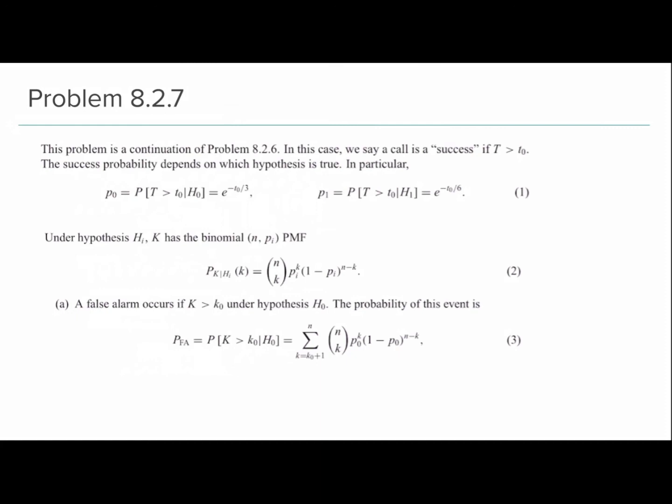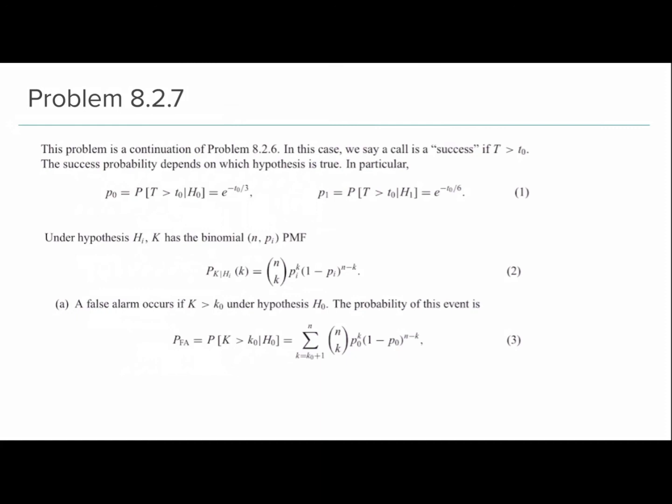So let's first think about a single call. What is the probability that any call conditioned on h naught will last greater than t naught minutes? So that is p naught, equal to the probability that T is greater than t naught given h naught. We know that the call duration is an exponential random variable with the mean equal to 3.